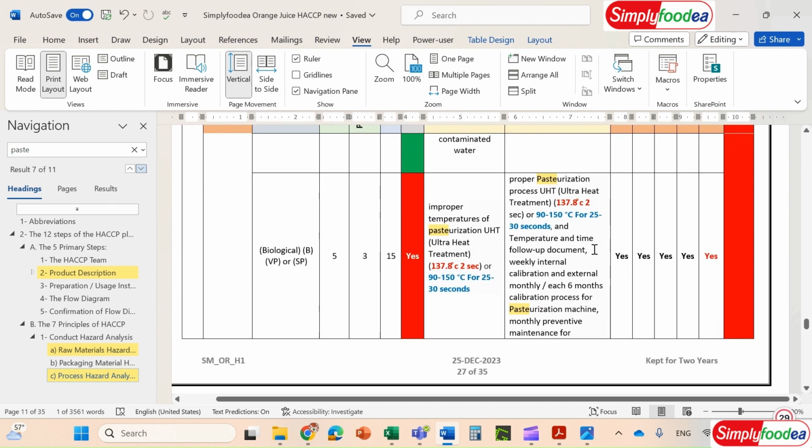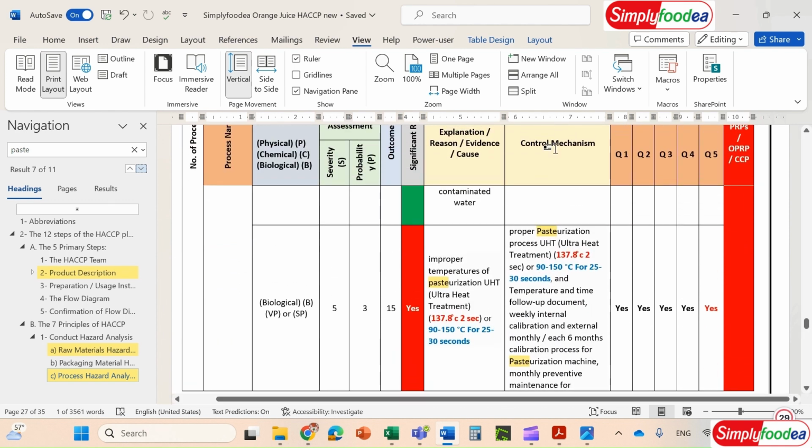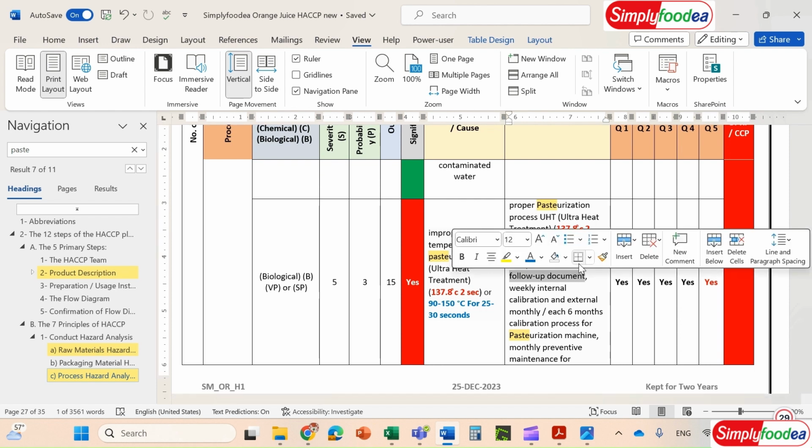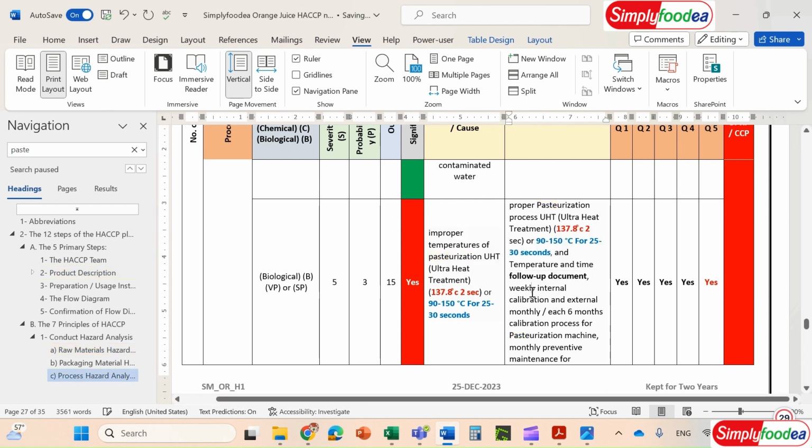So I'm saying here the control mechanism. I'm talking about the proper pasteurization in the mentioned time and temperature and follow up. So through what? Through follow up documents. There must be evidence for this follow up.